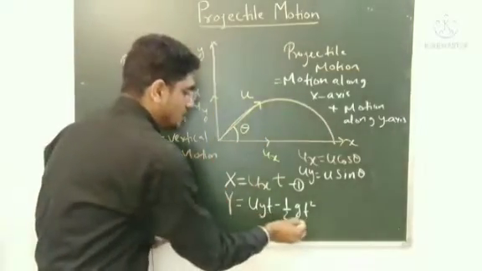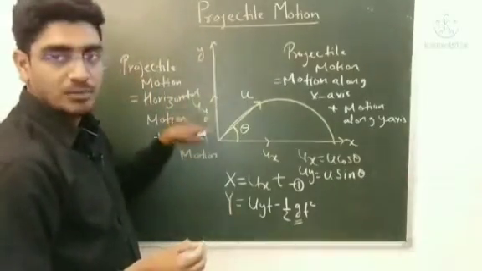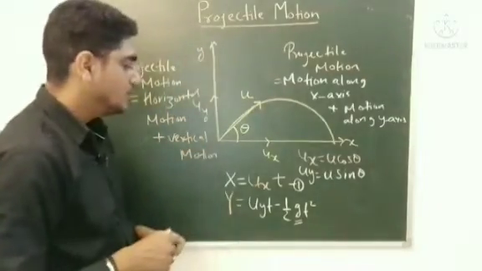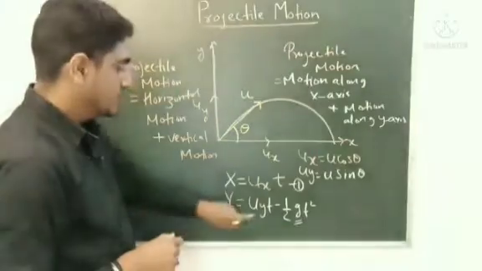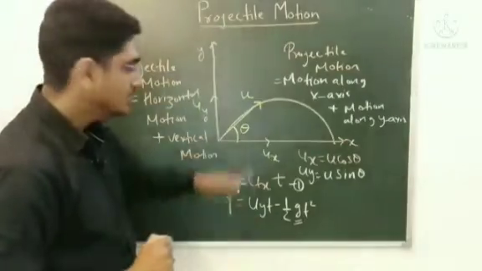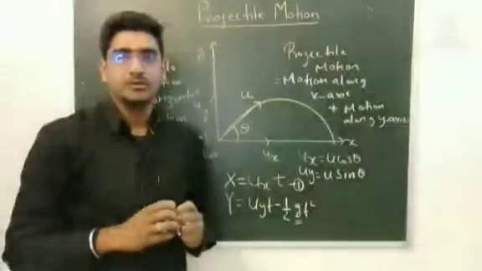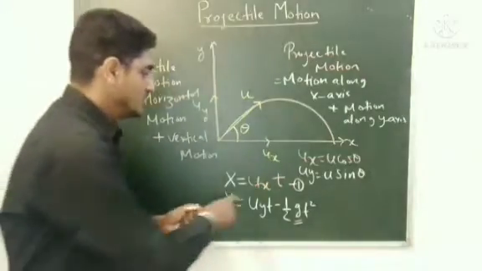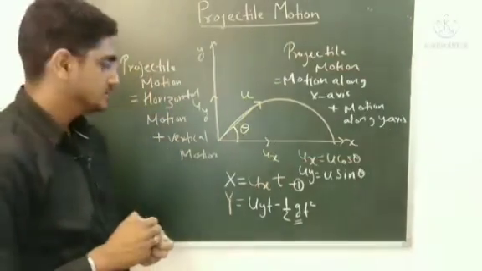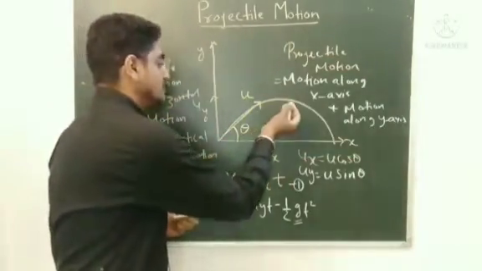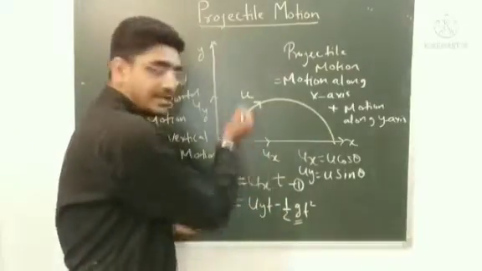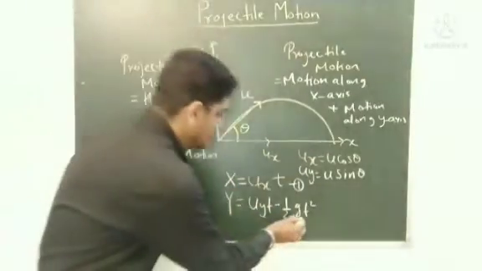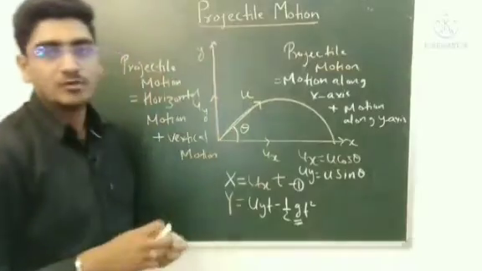So due to acceleration due to gravity in the vertical direction, we can write y equals uy t minus half g t square, where uy is the initial velocity along the y component. G is the acceleration due to gravity, which always acts in the downward direction.